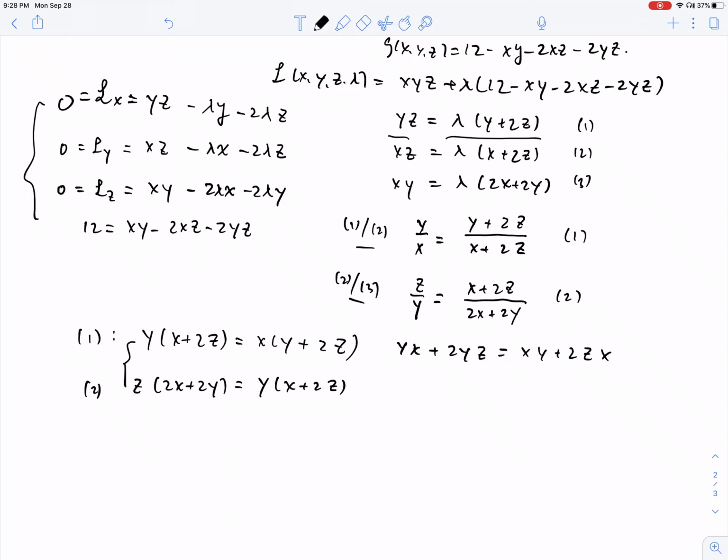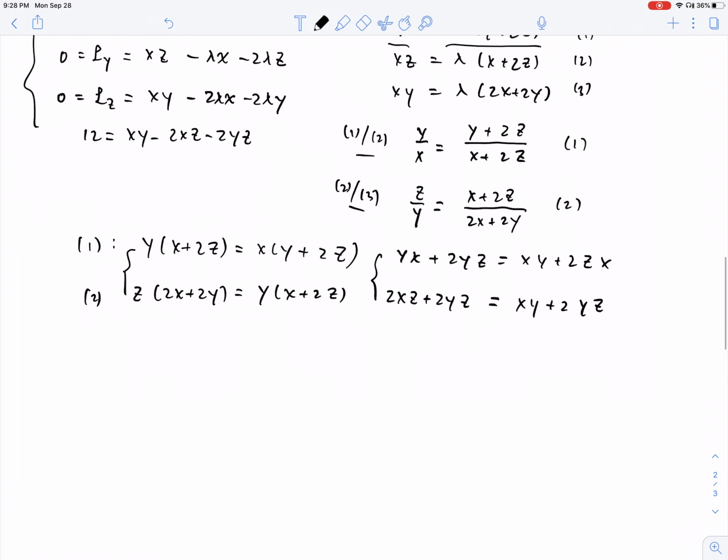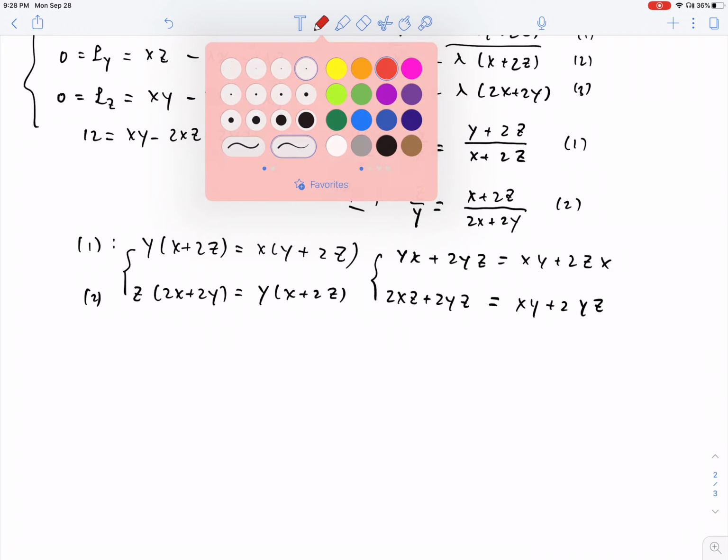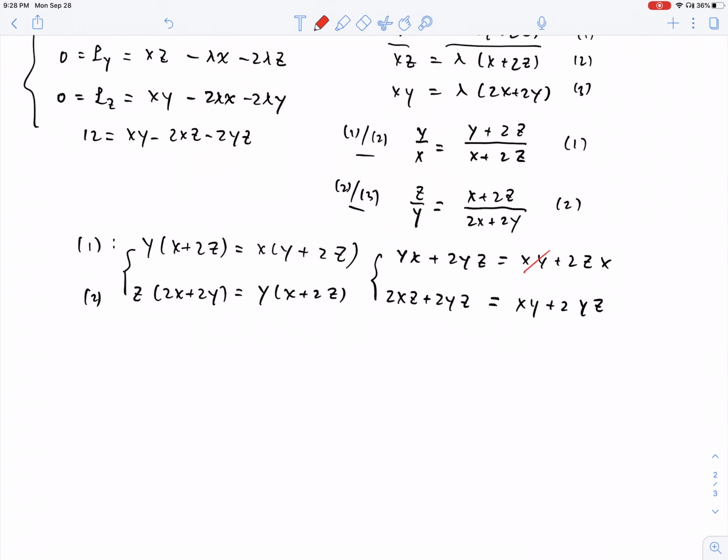And the next one, we have 2xz plus 2yz is equal to xy plus 2yz. And it seems that we can have many terms cancelled, so we end up with a nice formula. So xy cancels, and let's say z cannot be 0.